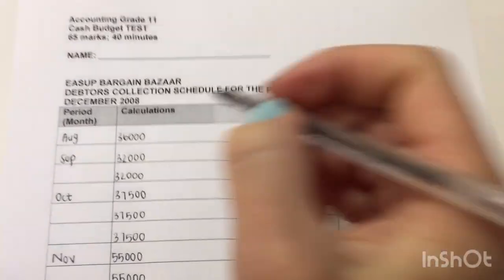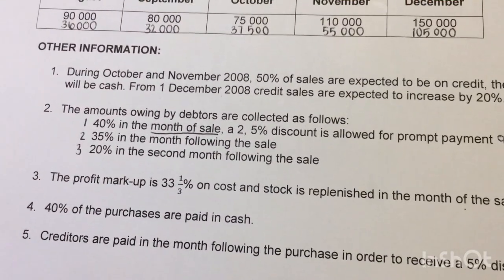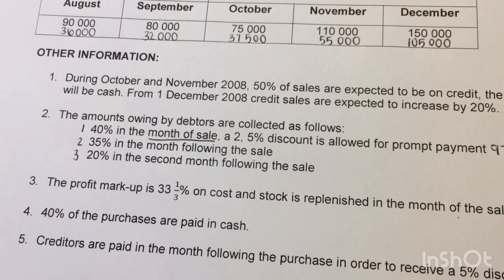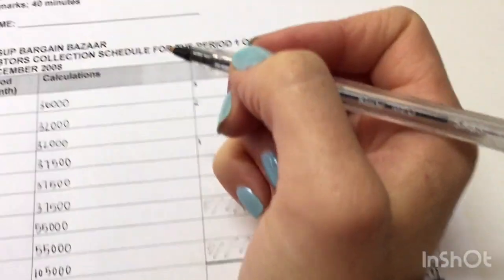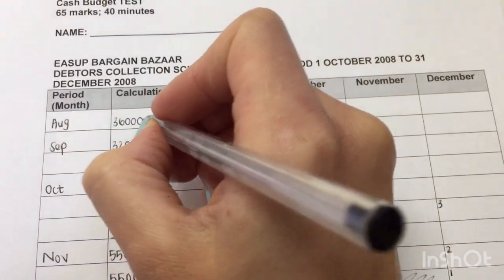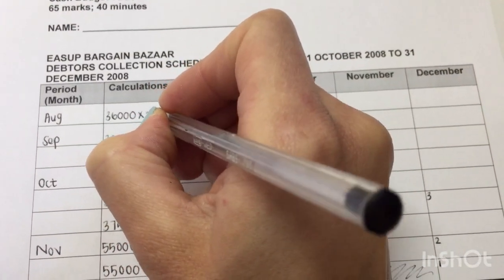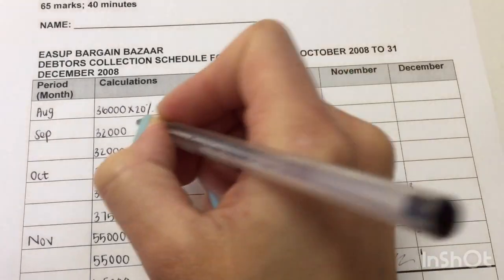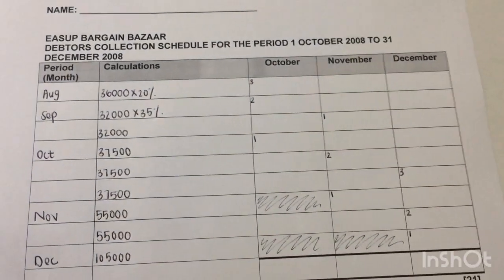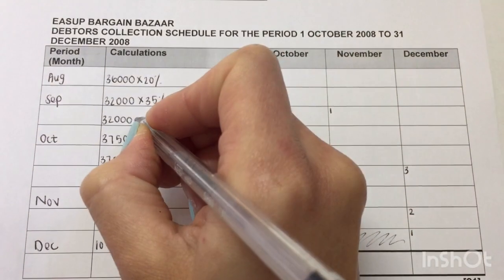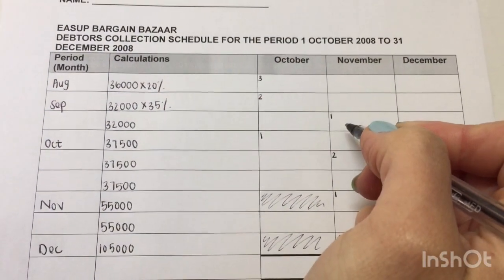So all I do now is, if I go back to this, now I'm going to put the percentages in there. So if it's a 3, I put 20%, a 2, 35, and a 1, 40. So if I go back over there, a 3 will be 20%, a 2 will be 35%, and then a 1, very important, that is the 1.